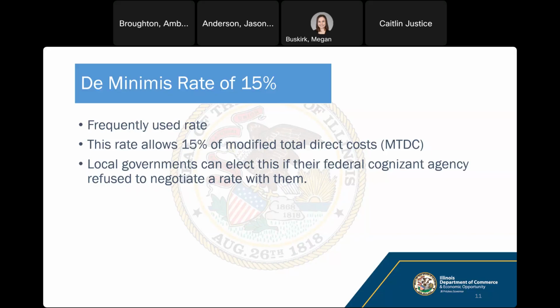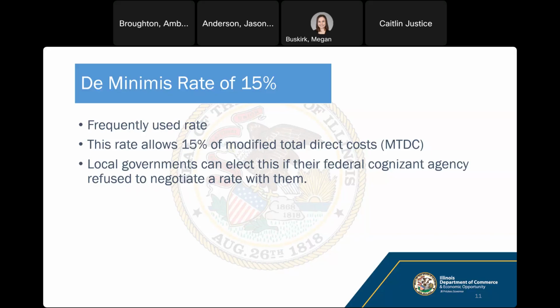Once elected, the de minimis rate of 15% will remain in effect until such a time that the grantee or subrecipient decides to change their election. Once elected, this rate may be used for indirect cost rate reimbursement on state awards, provided the specific award is not subject to statutory restrictions, thresholds, or ceilings that might limit the indirect cost reimbursement amount.